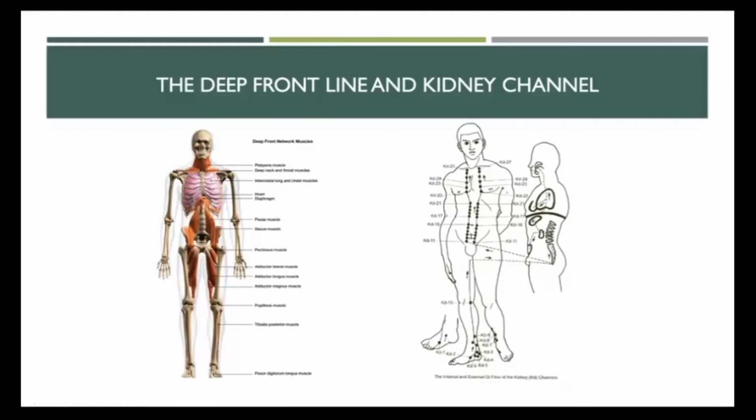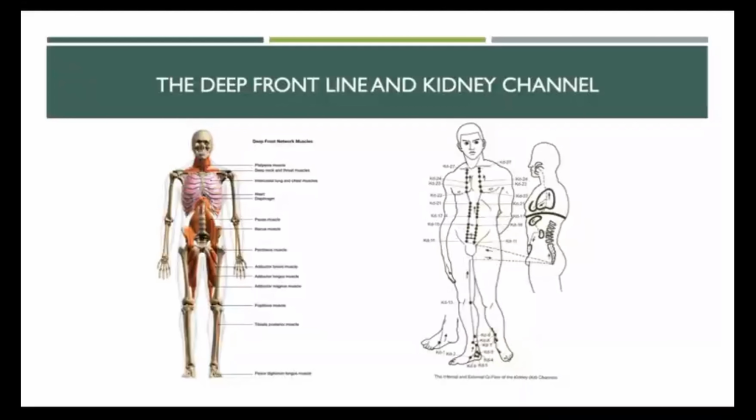and we're going to take a deeper dive, a closer look from a general point of view. We're not going to look at the particular points or break it down in that way. But we're just going to observe the similarity between the structure. So for the deep front line, which we can see there on the left-hand side, as we observe with the kidney channel, it starts from under the foot, the same as the deep line, and then it travels round the ankle and up the inner leg.